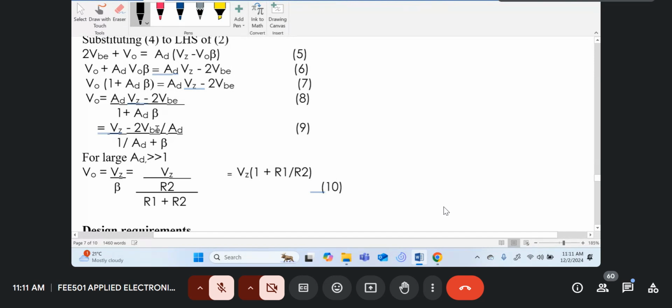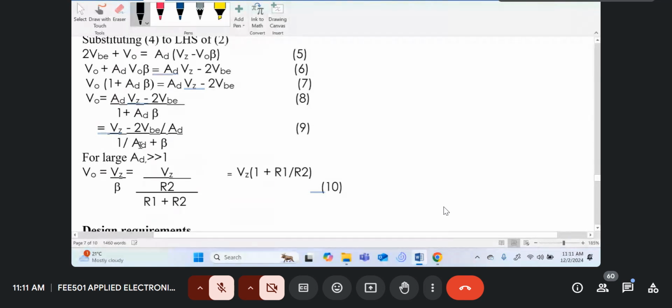Now a single VBE is about 0.65 volts, so 2 VBE will be approximately 1.3 volts, and if you divide it by 100,000, it becomes negligible. So this term in 9 is negligible.